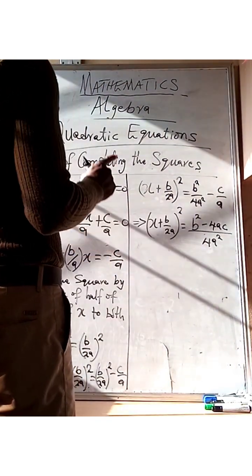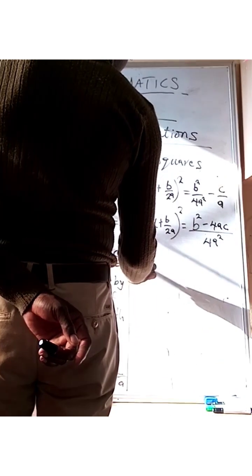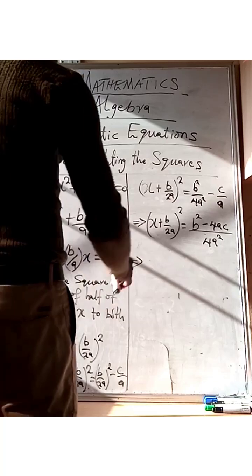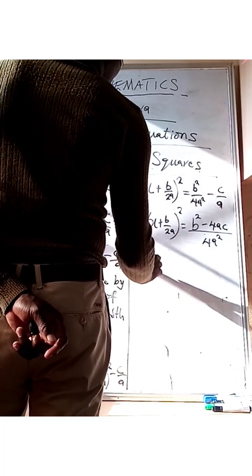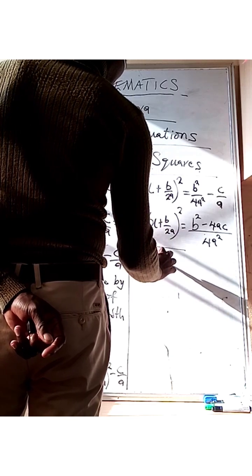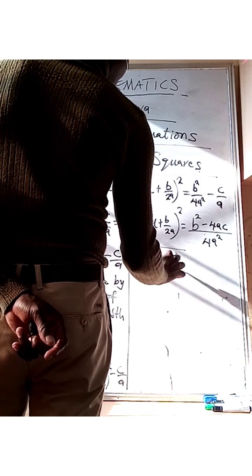We are trying to make x the subject of the formula, mind you. So the next thing to be done is to take the square root on both sides. We are now going to have x plus b over 2a squared.